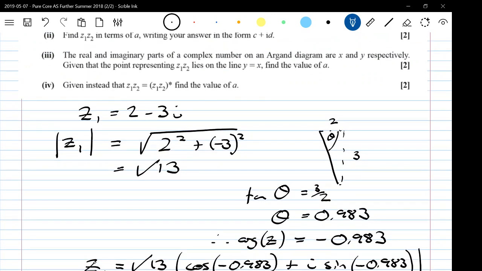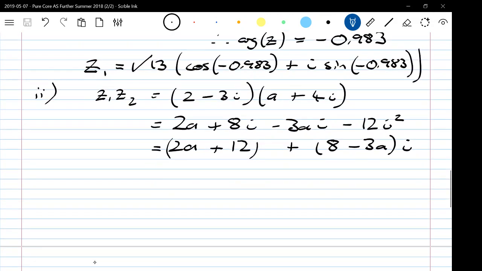Part 3, the real and imaginary parts of a complex number on an Argand diagram are x and y respectively. Given that the point representing z1 z2 lies on the line y equals x, find the value of a. Well, if this point lies on the line y equals x, that implies that c equals d in what we were looking at.